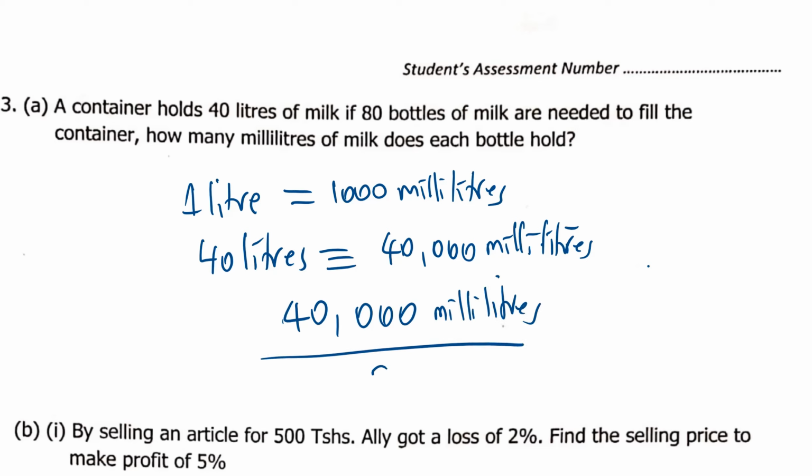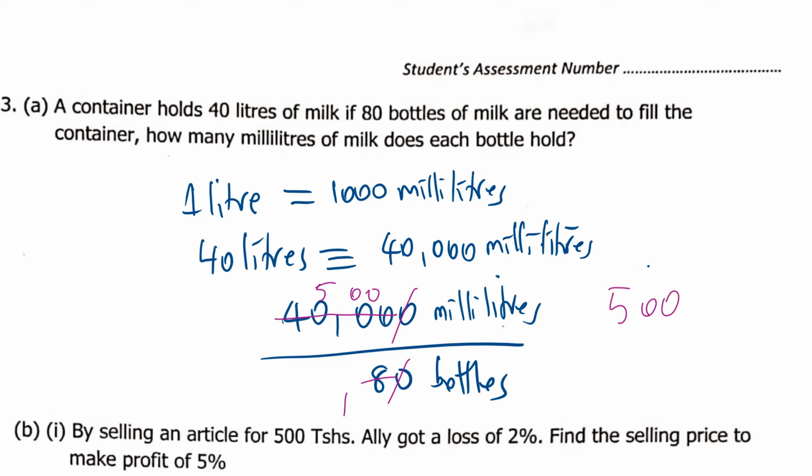You're going to divide it by the number of bottles we have, which is 80. 40 by 8 here, it is 500.